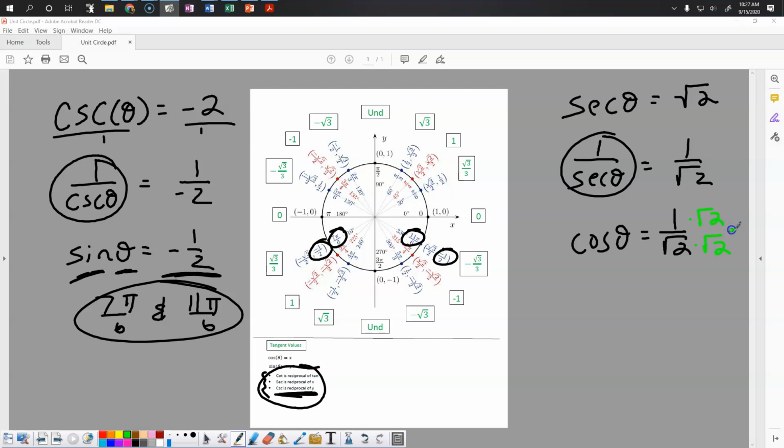So by doing this, we end up with radical 2 over 2. So really this is cosine of theta equals radical 2 over 2. So now we're wondering what angle has an x value of radical 2 over 2? And that would be here and here, which is pi over 4 and 7 pi over 4.